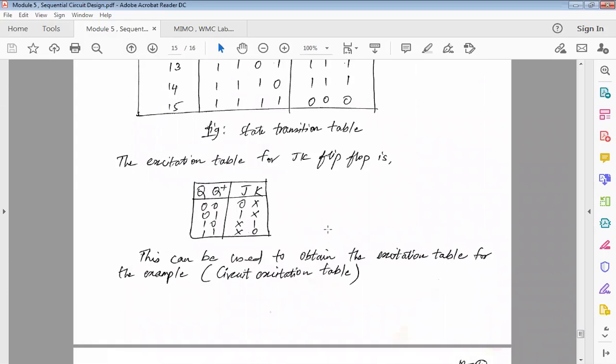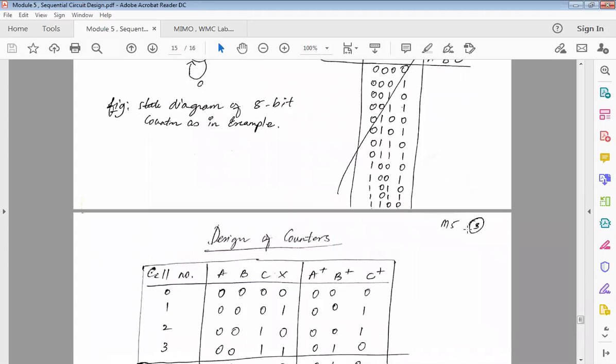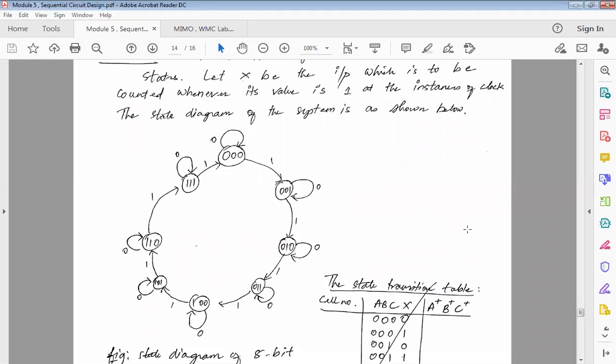Suppose I tell you to implement using D flip flop. Then what are the changes that you should do in this problem? Here in the state diagram, would you make any changes?